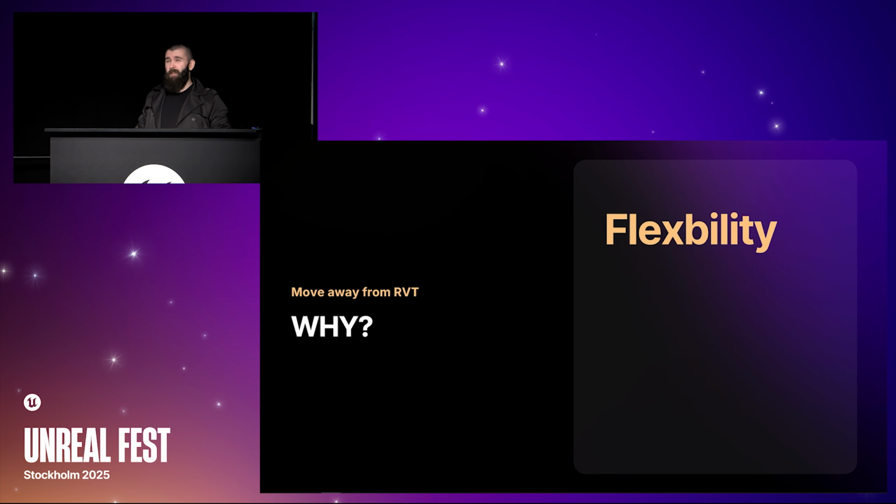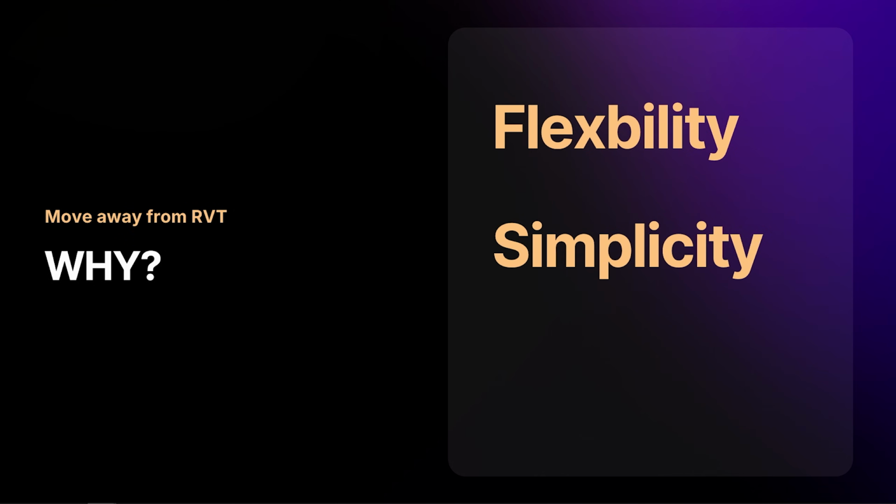So you cannot have different layers in between them. Also, if we wanted larger worlds, RVT would be fairly hard to scale to those worlds. You could use adaptive pages, but it would incur much more memory than we wanted to deal with. The second reason is simplicity.